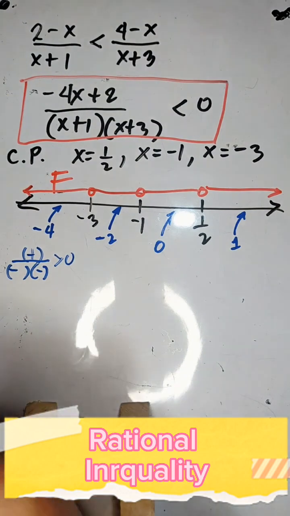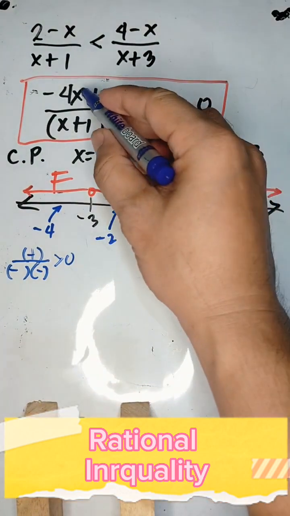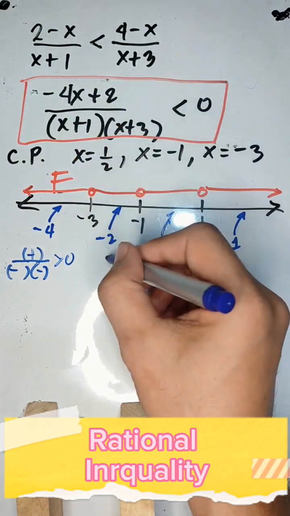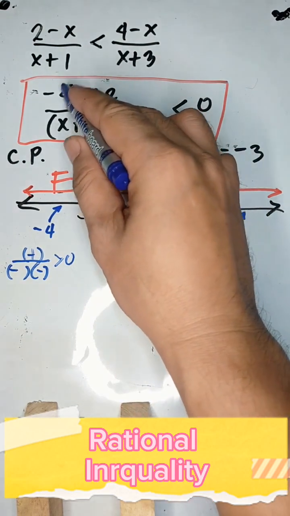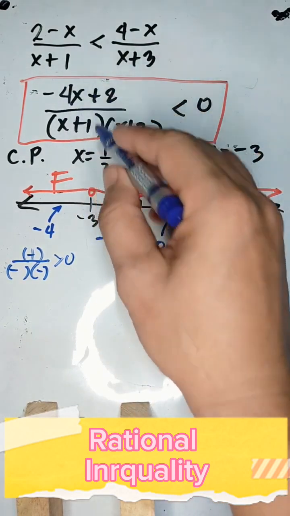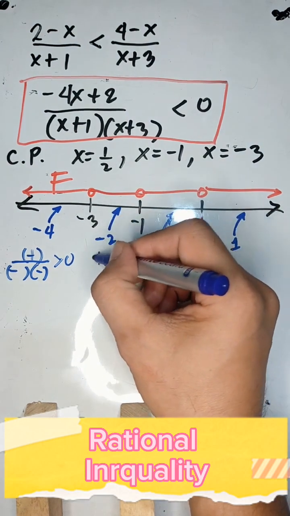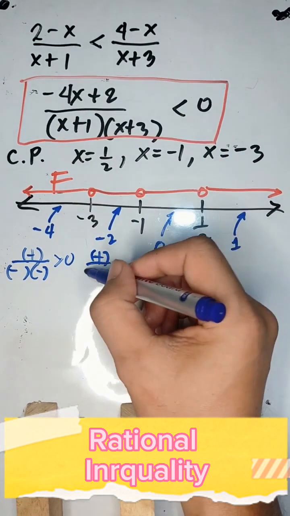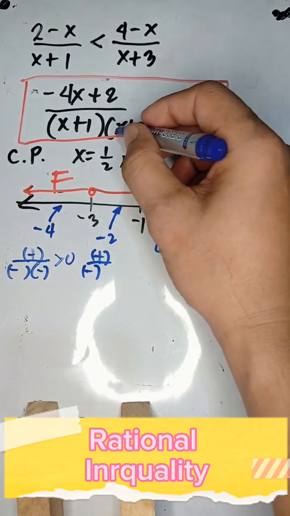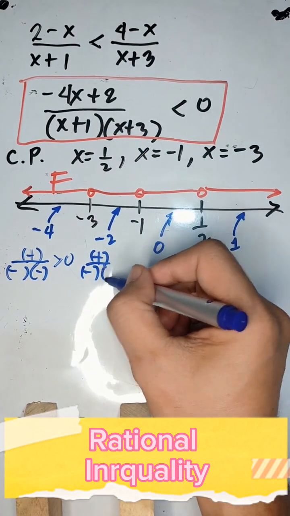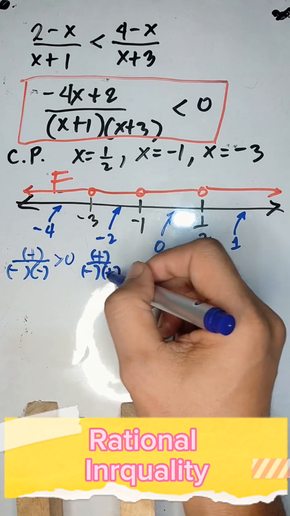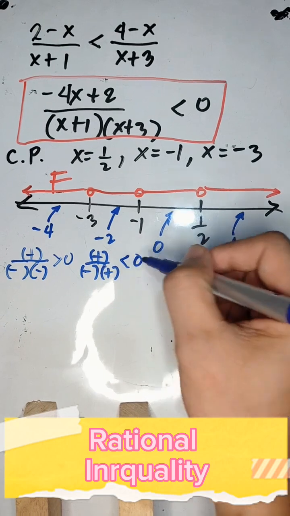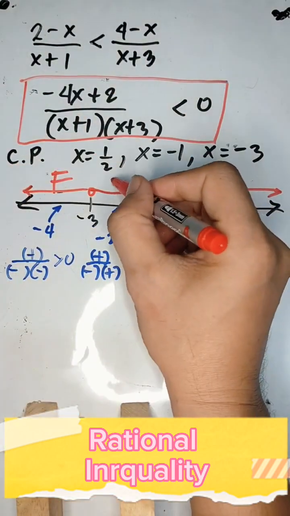Okay, now next, x is negative 2, so negative 4 times negative 2 is positive 8, then plus 2, it's gonna be positive 10, so it's still positive. Denominator: negative 2 plus 1 is negative 1, then negative 2 plus 3, that's positive 1, so the denominator is negative. So positive divided by negative is negative. So this one here is true.